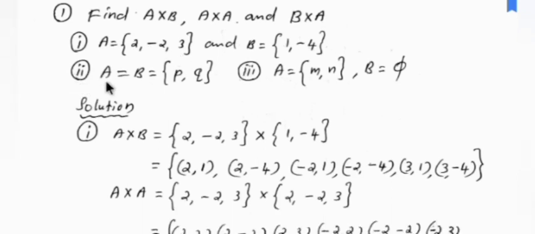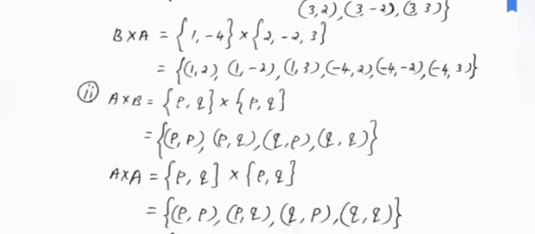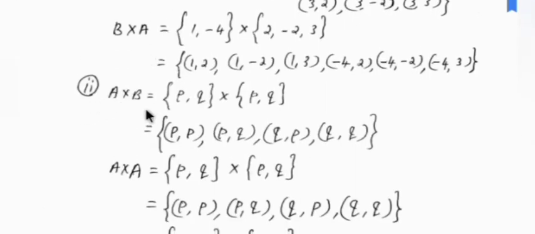Then the second question. A is equal to B is equal to set {P, Q}. First find A cross B. A cross B is equal to, first substitute the value of A. A is given {P, Q}. Then put this cross. Then substitute B. B is {P, Q}, the same. Here A and B are equal.